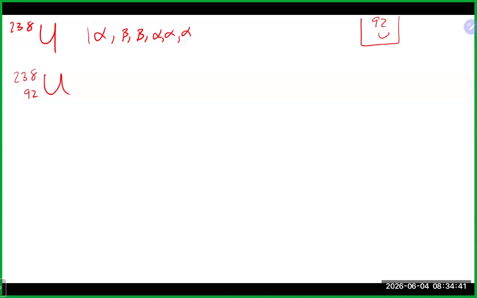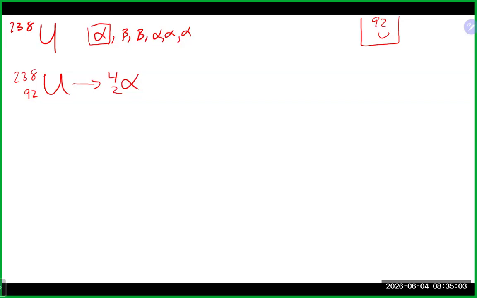So the first thing that's going to happen is it's going to go through an alpha decay. Since it is going to go through an alpha decay, the alpha particle will be on our product side. And once again, you can use the helium or the alpha symbol, whichever one you like. Remember, we're just going to do like we did with balancing equations.